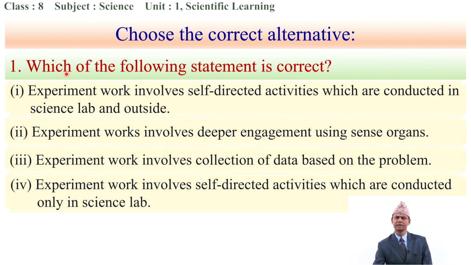The first question is, which of the following statements is correct? There are 4 statements. We have to find out the correct one. The first one is, experiment work involves self-directed activities which are conducted in the science lab and outside. Is it correct? Or experiment work involves deeper engagement using sense organs?